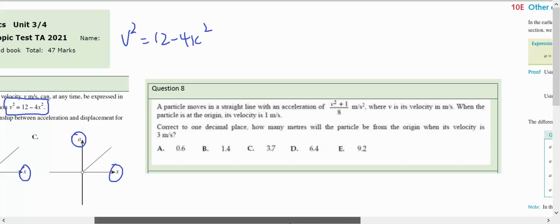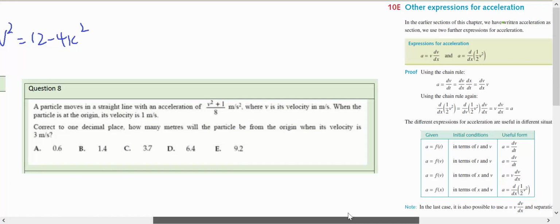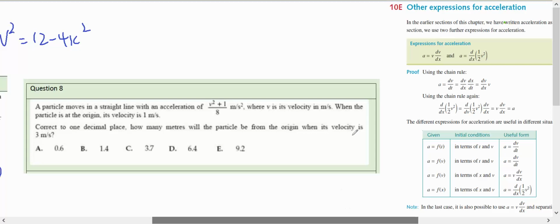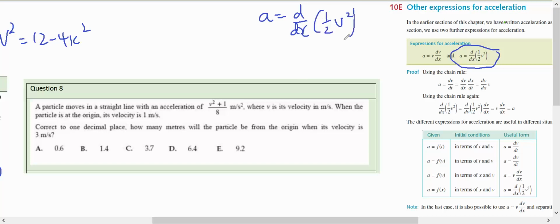So I need to use a replacement for acceleration. What I'd like to use is acceleration equals d dx of a half v squared, and the reason I'm going to pick that is I can see my v squared.